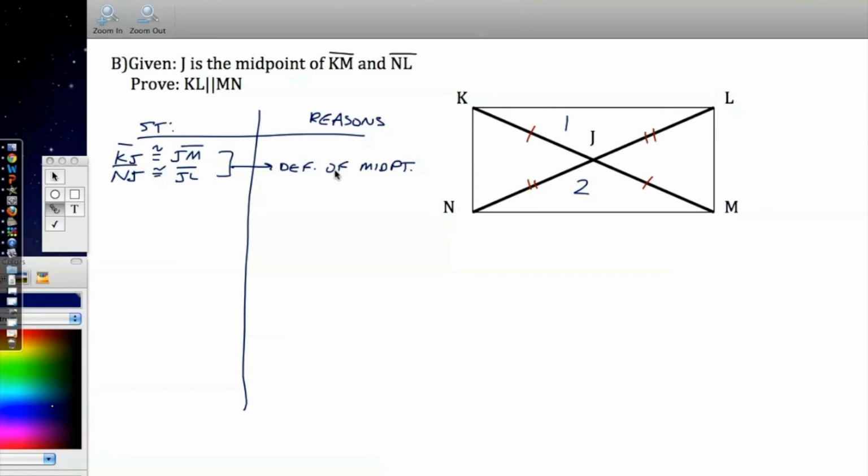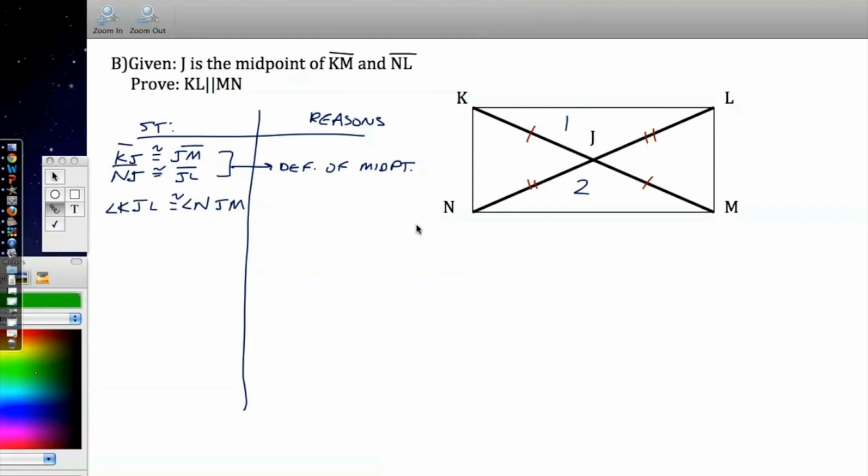So let's see. If I'm going to try to prove that these two triangles, 1 and 2, are congruent, I have a side and a side. Between them just happens to be an angle. It's not really a coincidence that they have crossing lines here, because what I'm going to do is say angle KJL is congruent to angle NJM.